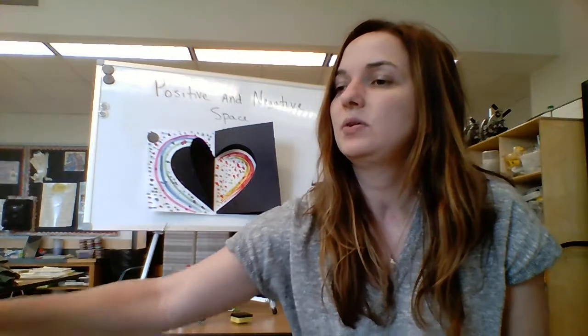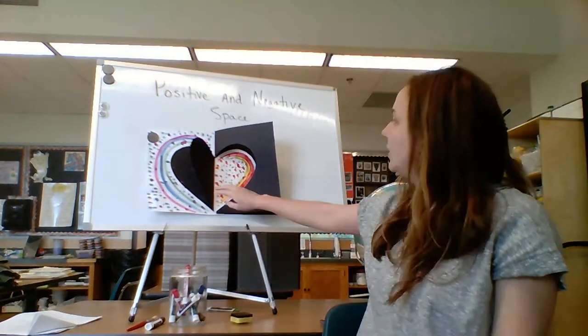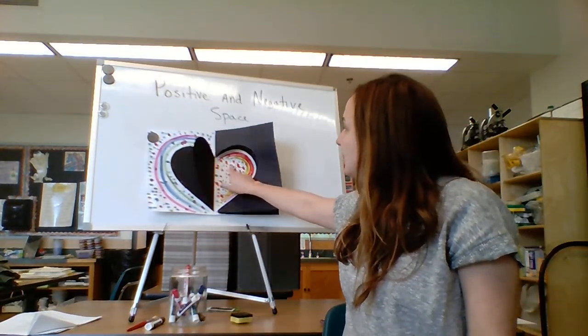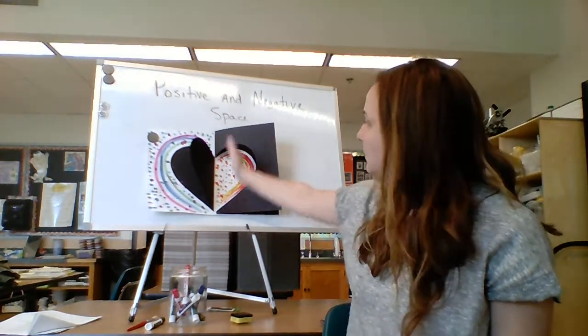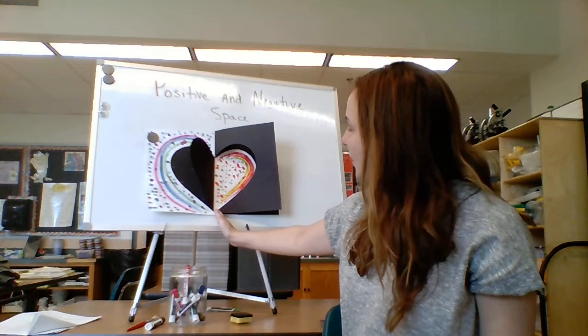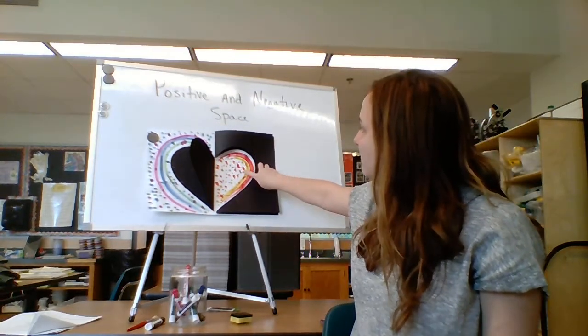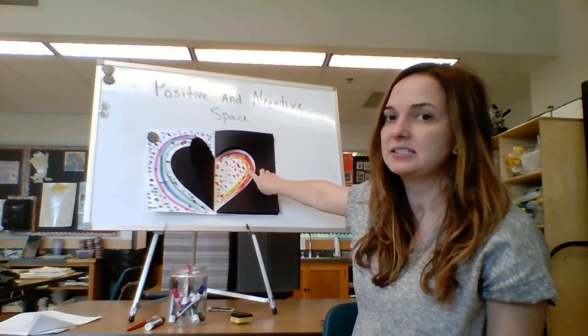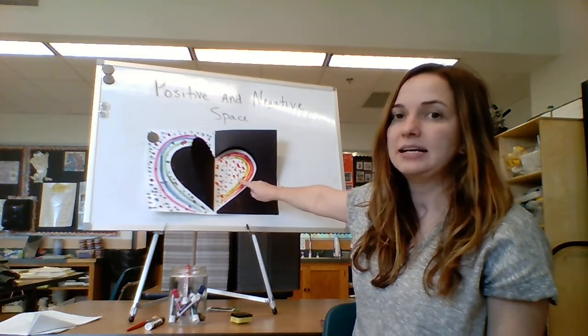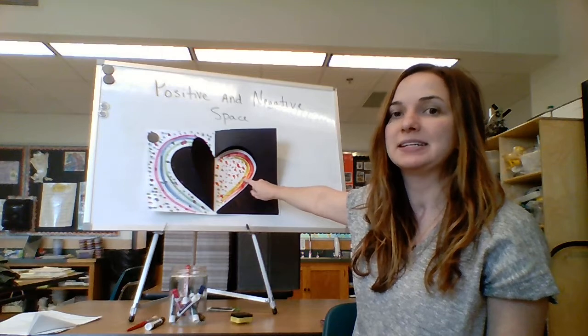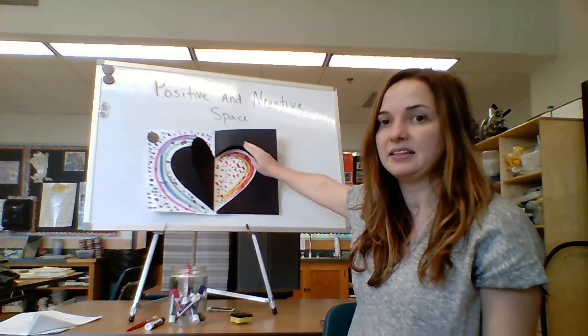To show you that a little better, the paper is divided in half. I've gone ahead and divided the paper in half. On this half, the positive space is this white space, this part of the heart. It's the positive space because that's the side that we're seeing the object on.